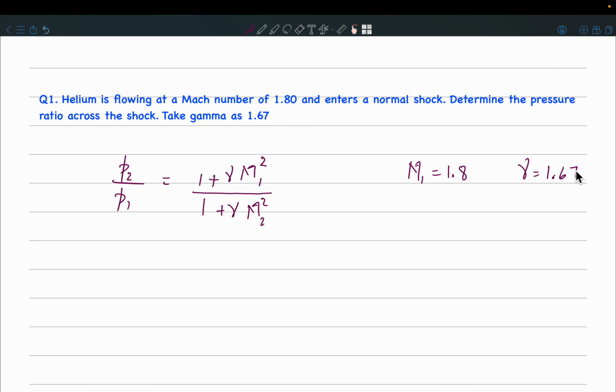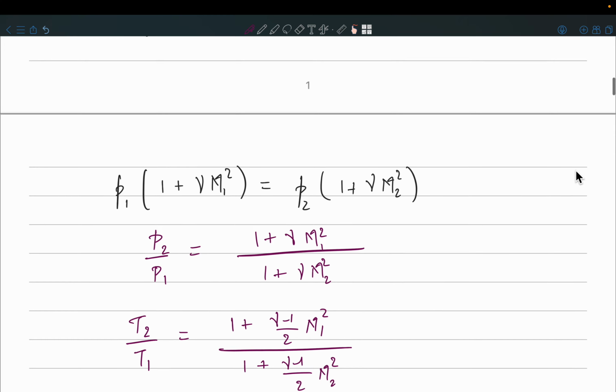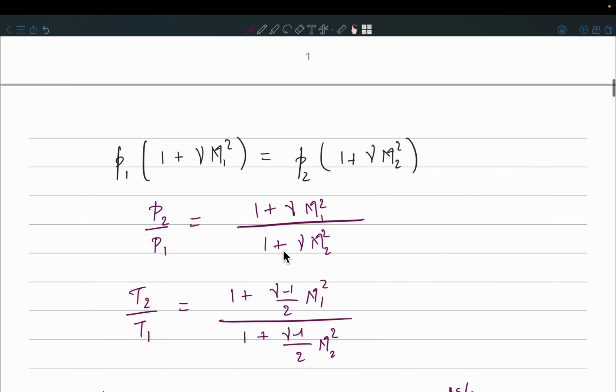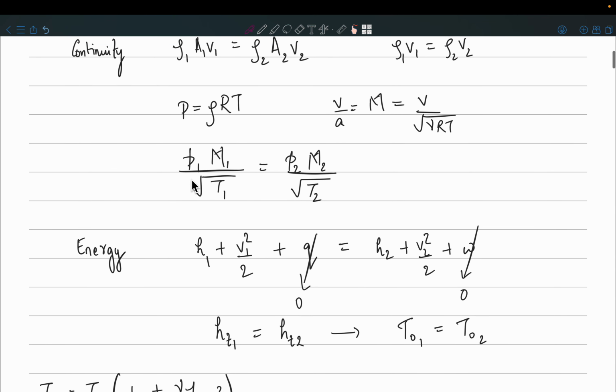Either you use the gas tables, right? You have a direct relation, and how that relation comes in, you just have to use all the 3 equations that we discussed, right? So we had a pressure ratio, a temperature ratio, and we also had this P1 M1 under root T1, P2 M2 under root T2.